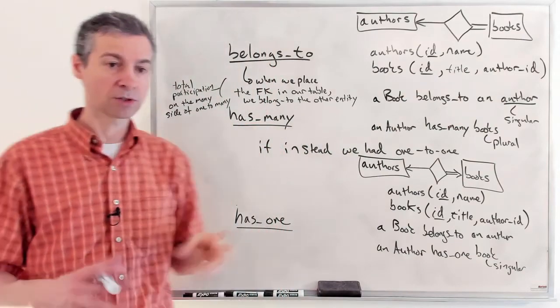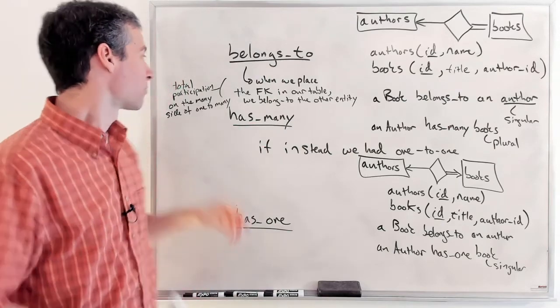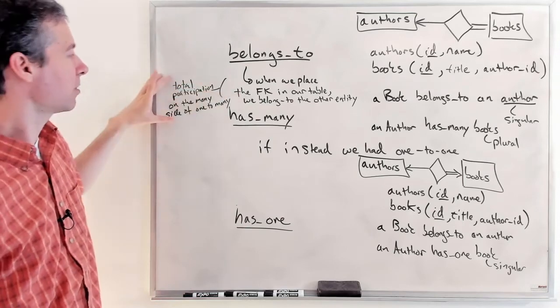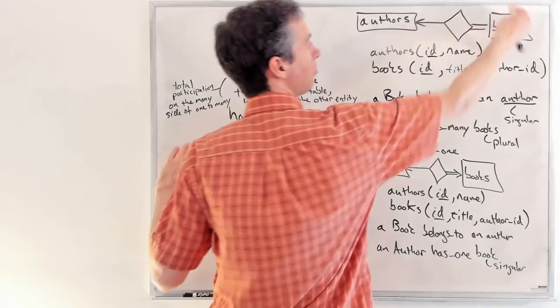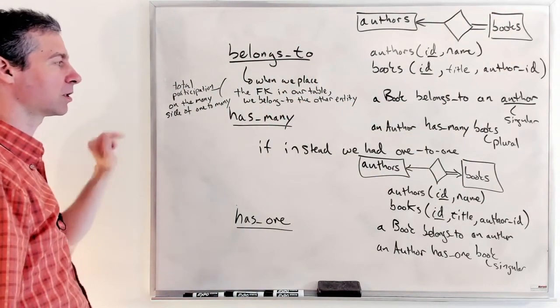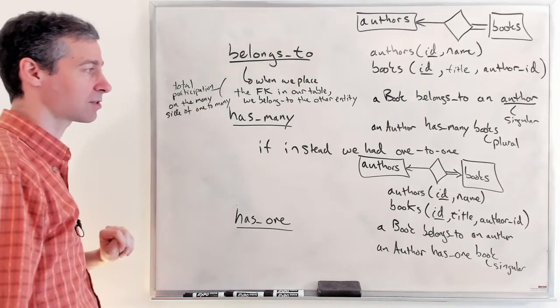All right, because the associations will pay attention to what's happening on both sides here. Whenever this is happening, this is because we did the schema reduction, because on the many side, the one to many, the books is the many side, it's participating totally, and so we've got this. And so belongs to is this little special circumstance there.